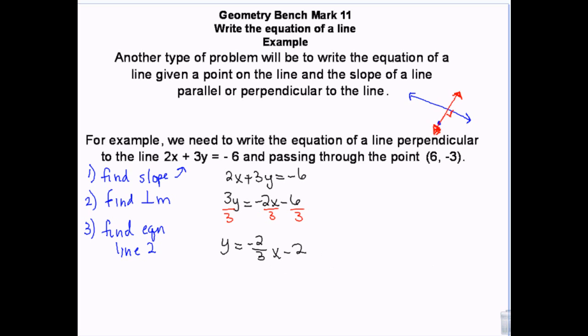So here's my slope. But I want perpendicular slope. So I flip it over and change the sign. So it was -2/3, so perpendicular is 3/2. So this is the slope I'm going to use with this point to find that missing equation.